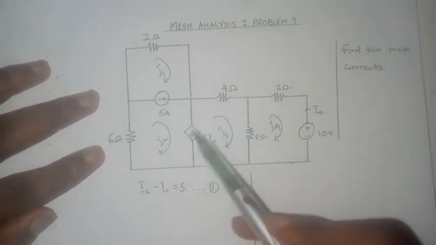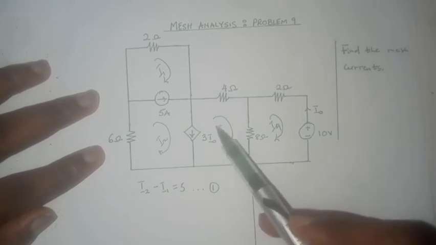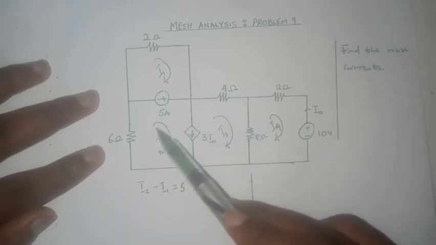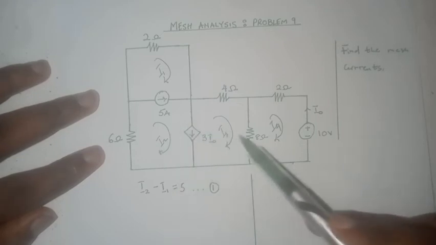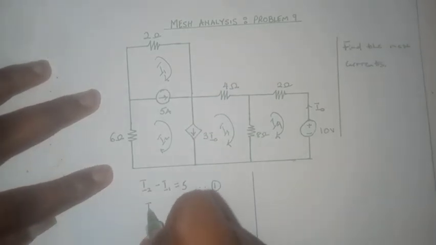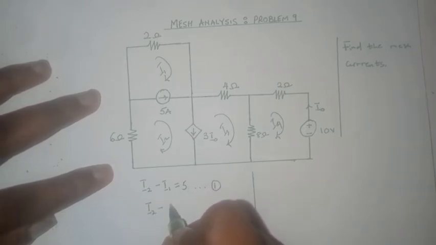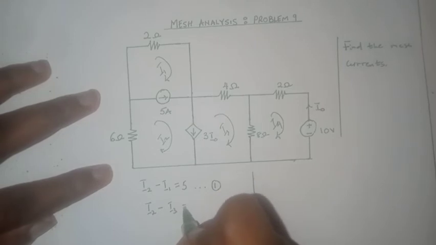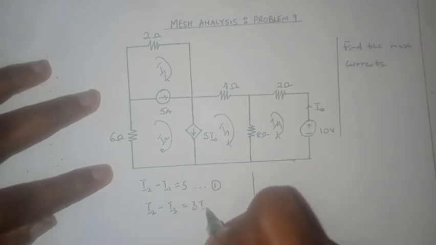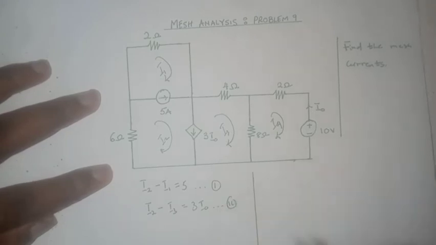We can then proceed to this mesh, and we can see that I2 is supporting this current source and I3 is opposing it. So we know that I2 minus I3 equals 3I naught, and let's call this our second equation.